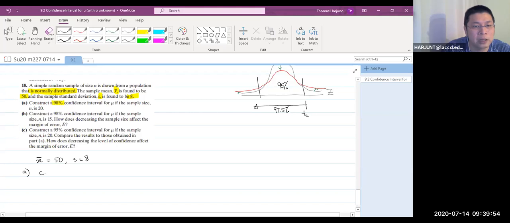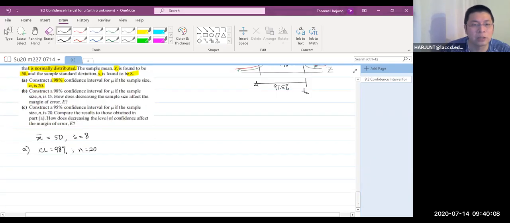So confidence level is 98%, with the sample size n is 20. So let's start the procedure. Step 1, best point estimate: X bar is 50.